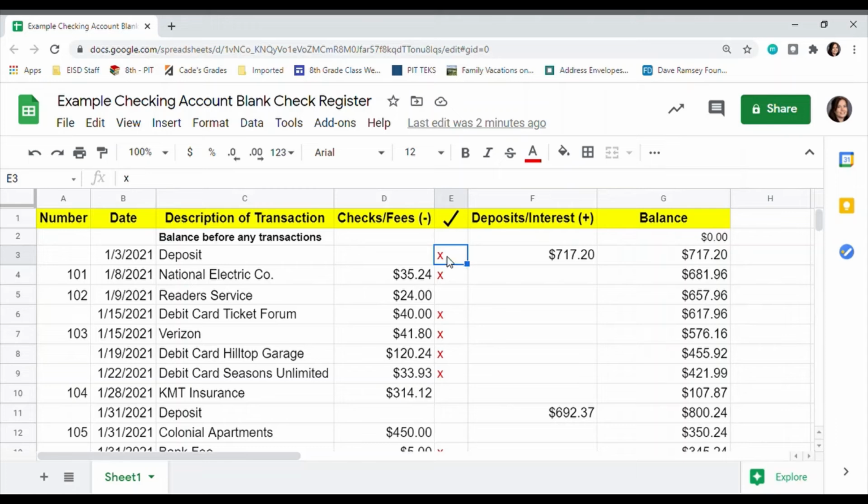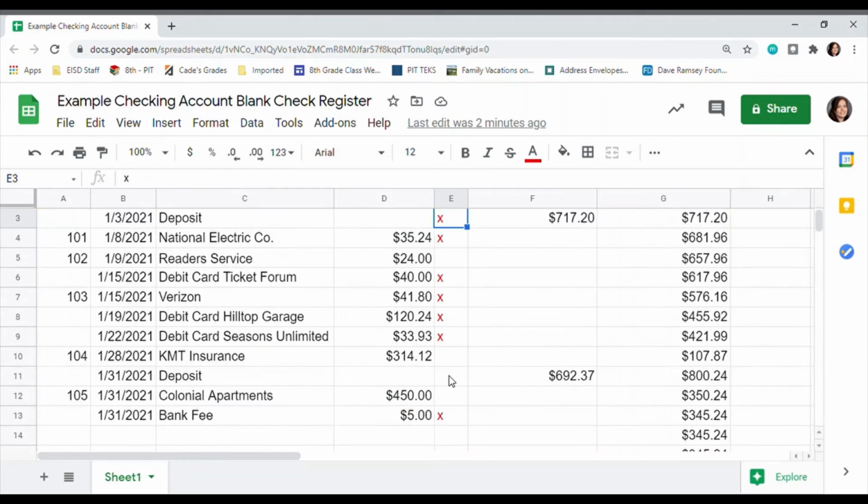So you should have an X in cell E3, E4, E6, E7, E8, E9, and you should also have an X in E13.